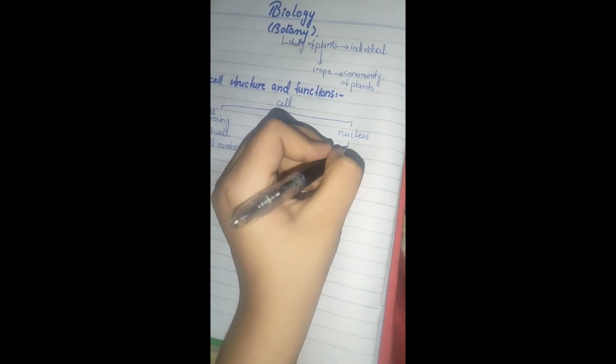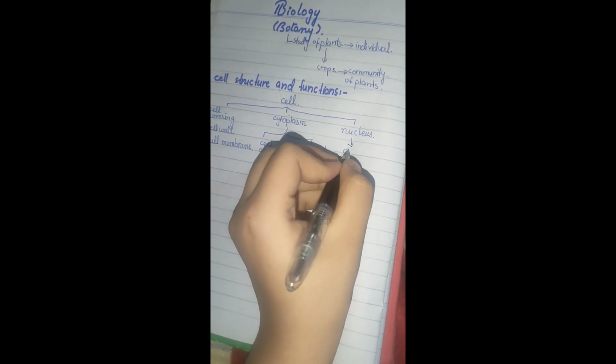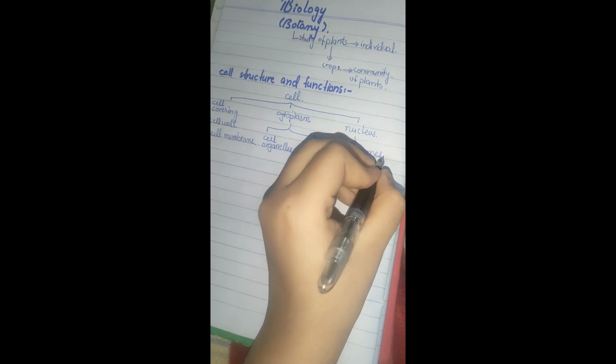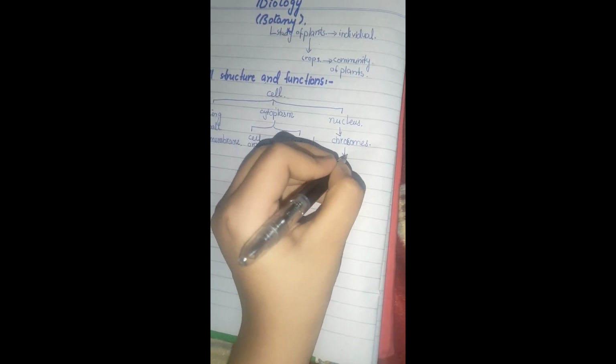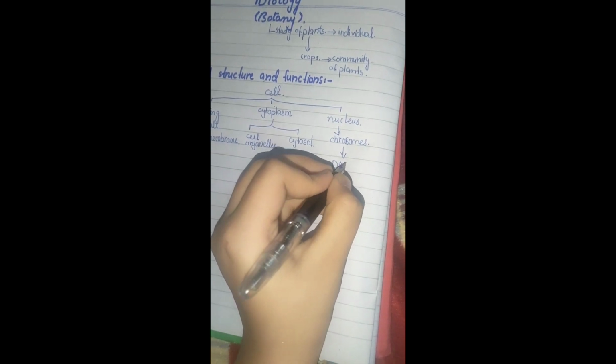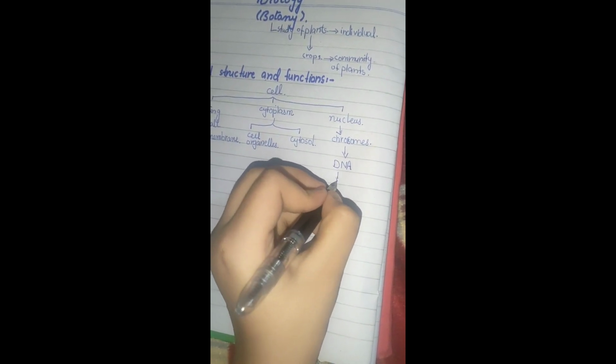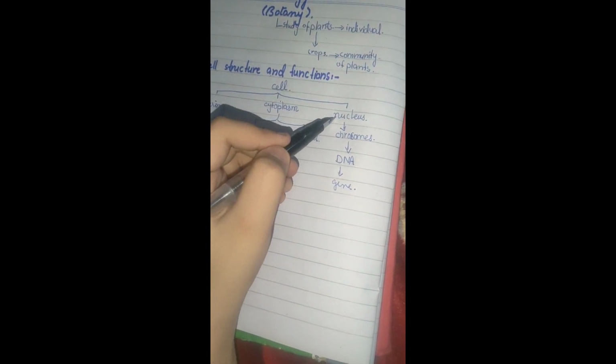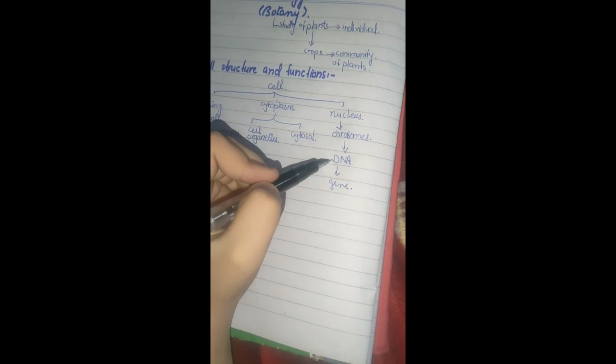Third is the nucleus. In the nucleus we have chromosomes, in chromosomes we have DNA, and in DNA we have genes.